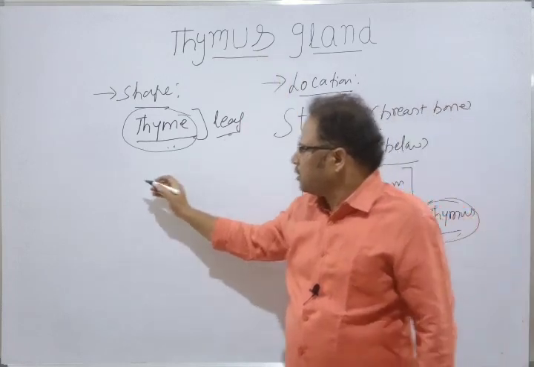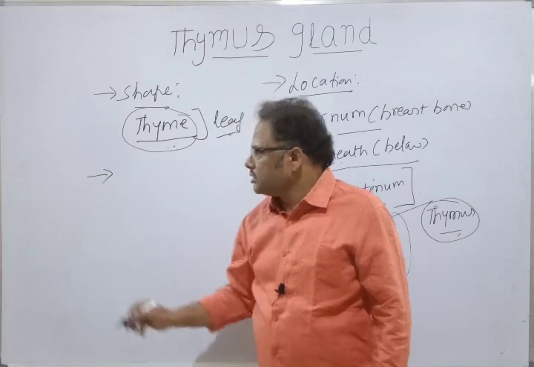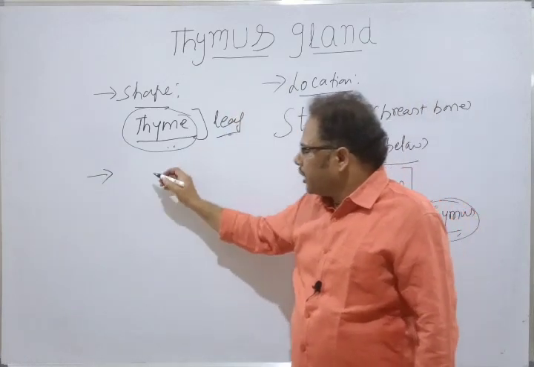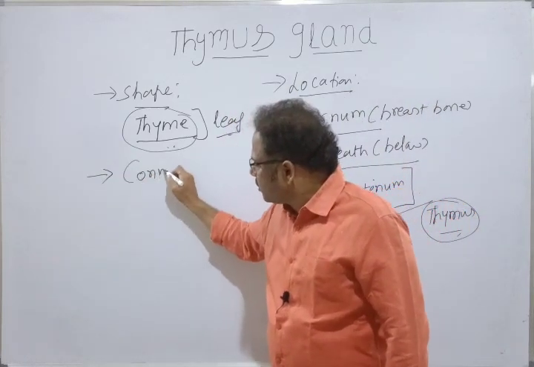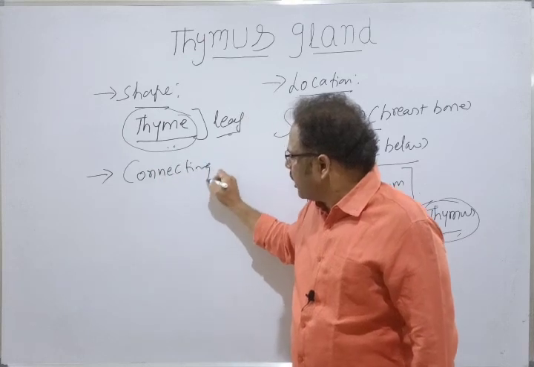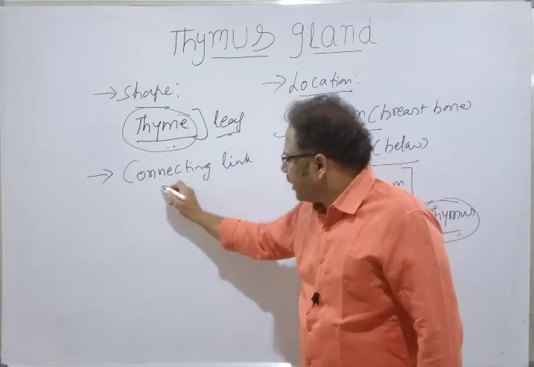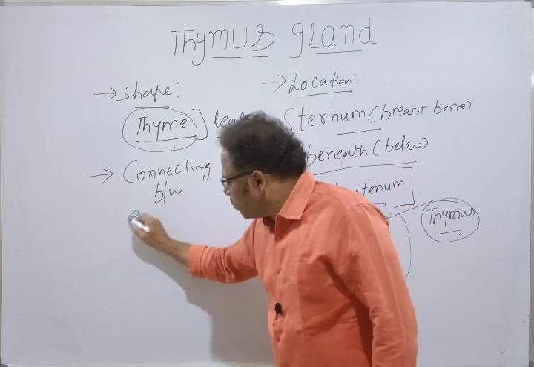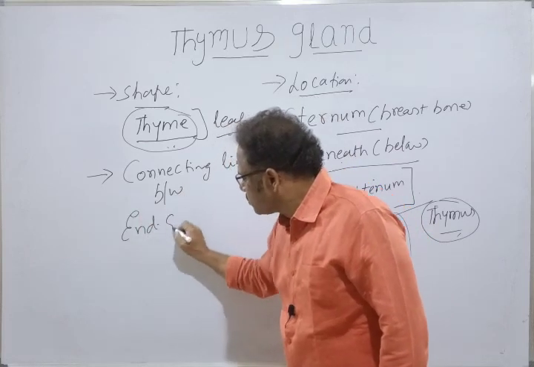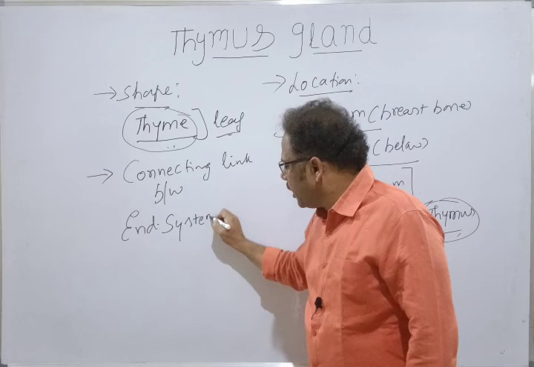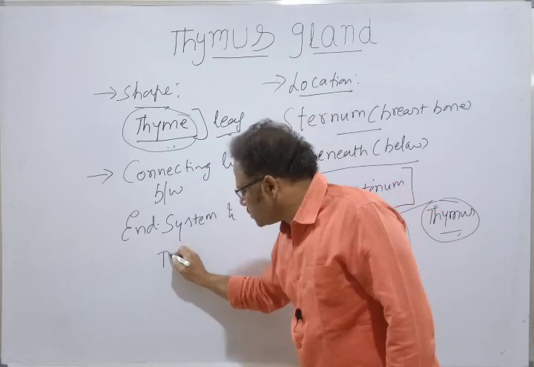Okay, students. Now the most important thing about the thymus gland is that it is a connecting link between the endocrine system and the immune system.